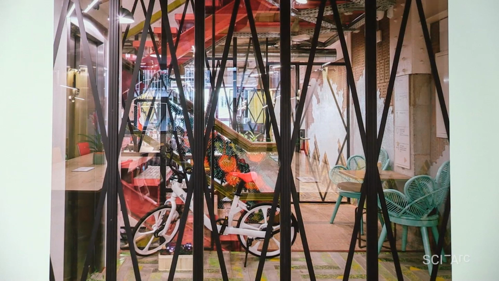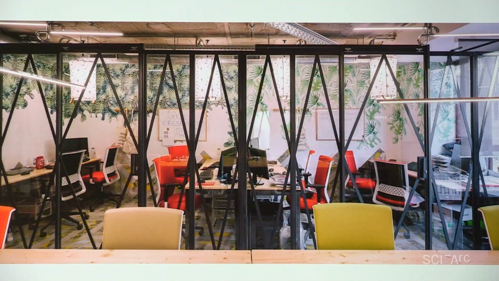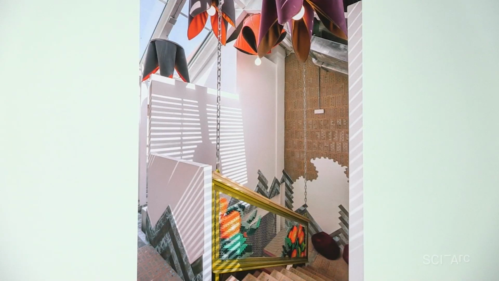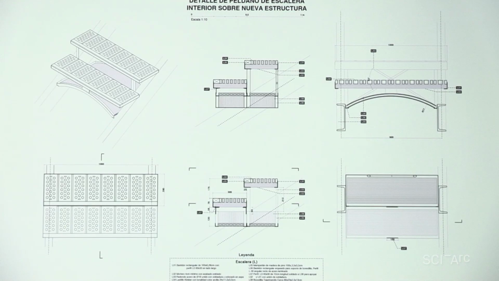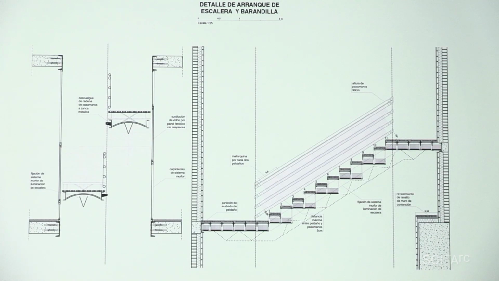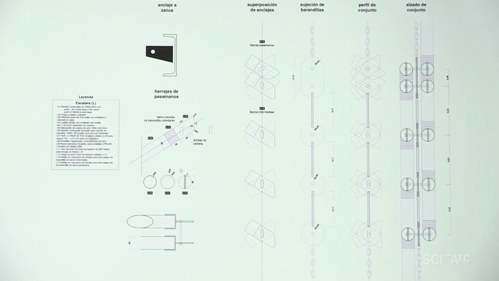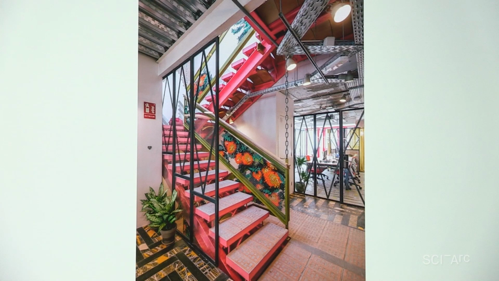And as I was saying, detailings bringing the feminine culture were not only applied to issues like the lamps or the balconies, but also to other details as the staircase handrail and the staircase production. These are some of the technical details of the staircase, and we were trying first to recover embroidery traditions.